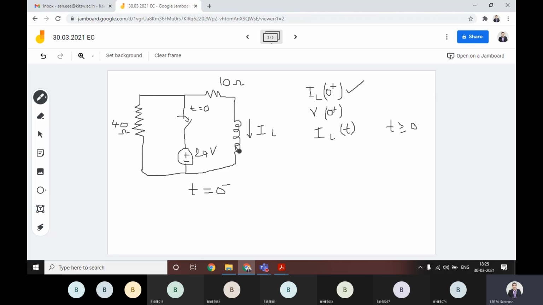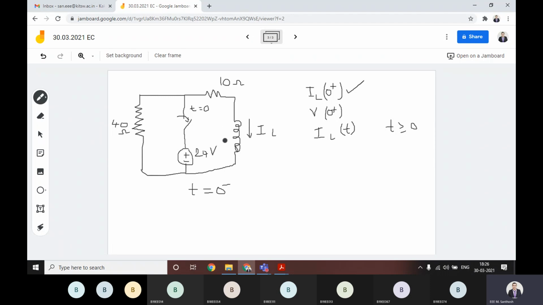Okay, if inductor will become short circuit and this is also previously connected, you are having only 24 volts. The source is only 24 volts. When this one is short circuited, you have only the 10 ohm acting. Okay, the current is flowing in this loop.